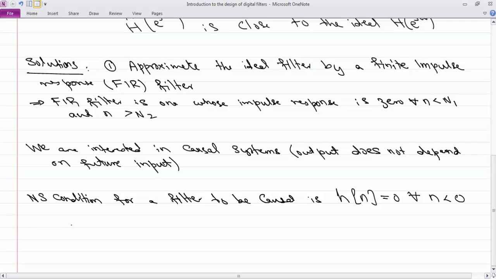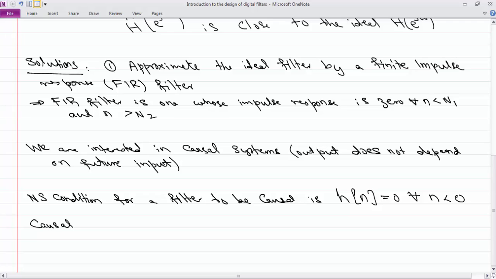So the first solution of generating an approximation to an ideal filter is by approximating it with a causal filter.